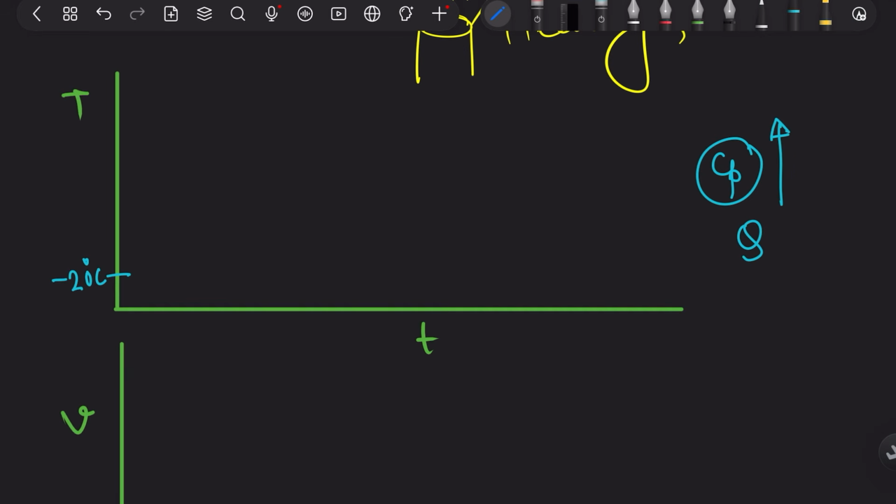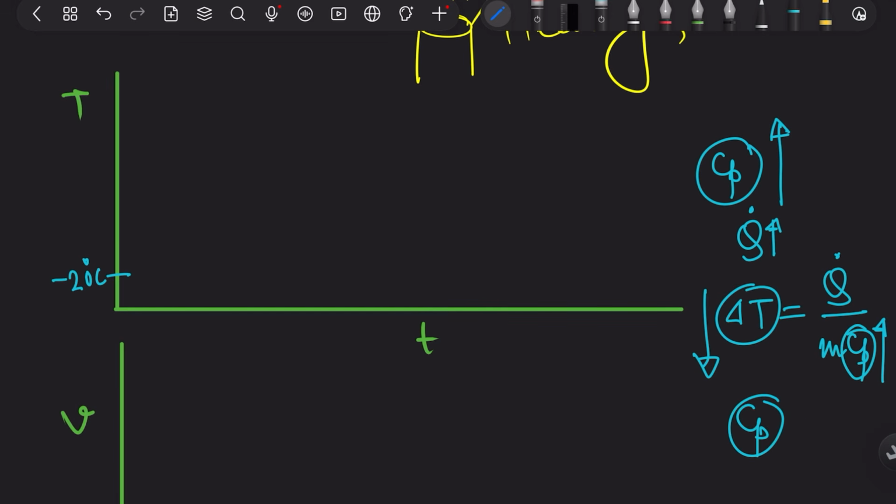If the specific heat is more, then for the same heat input the temperature rise, delta T, is equal to Q by mCp. So if the specific heat is more, the temperature rise will be lesser. Now actually with the increase in temperature for ice, specific heat rises.